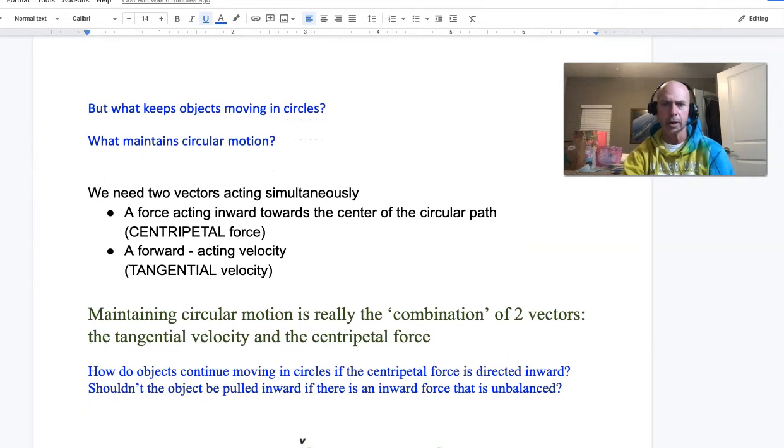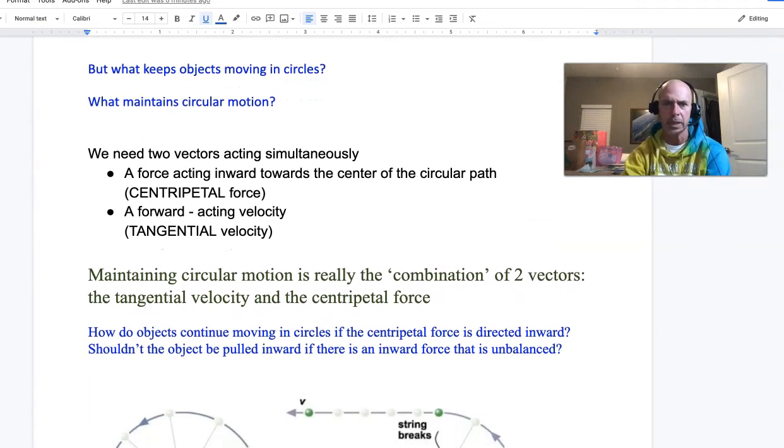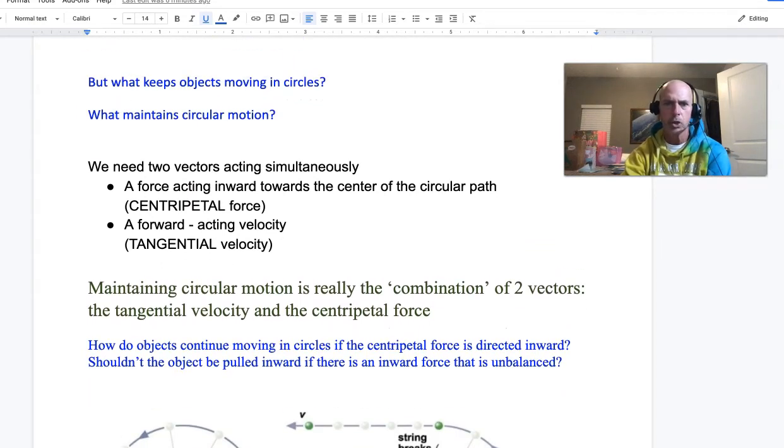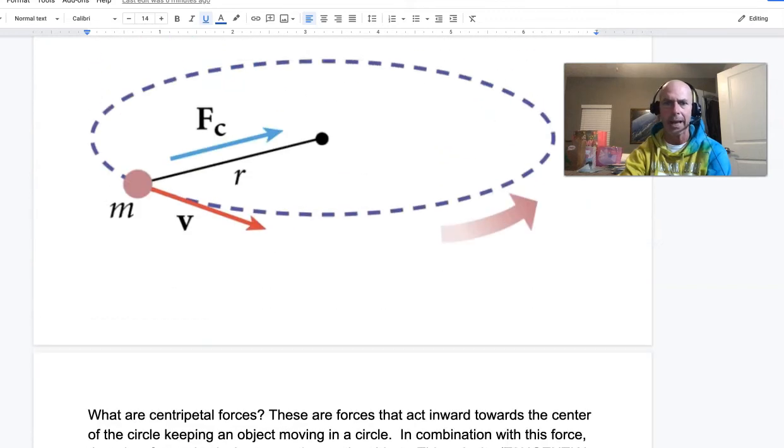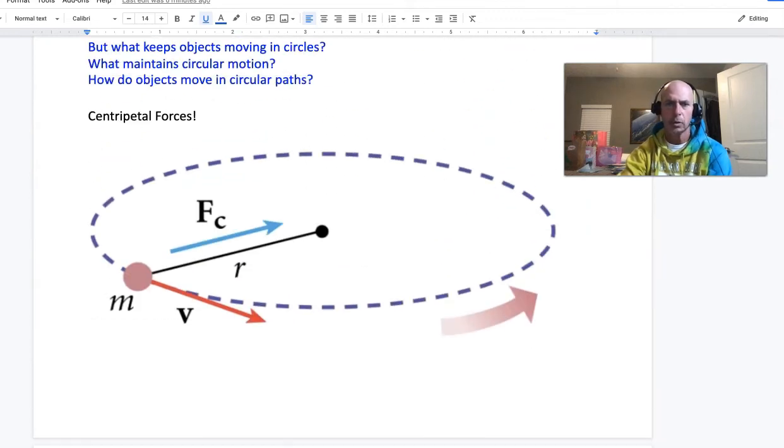Okay, so let me just wrap this up and repeat myself a little bit. We've got two vectors acting simultaneously, and those two vectors are at right angles with each other. The force vector acts inward. We call that the centripetal force. The velocity acts forward.